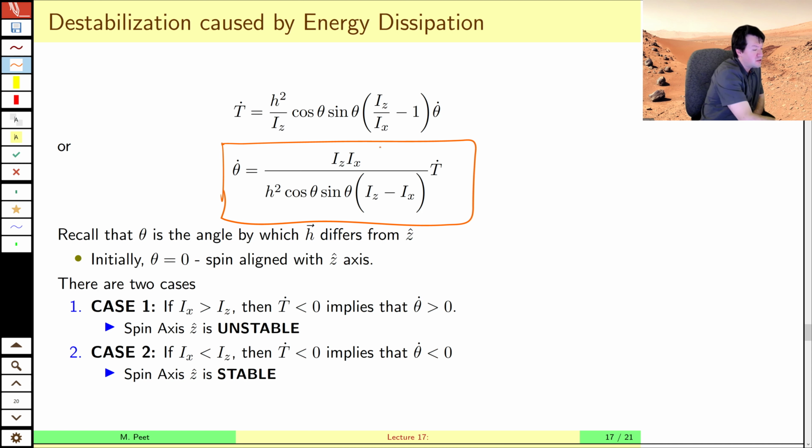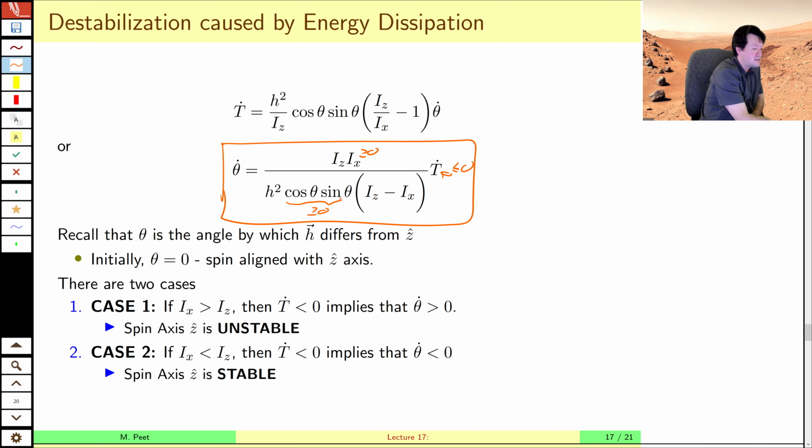And now we want to look at the sign of this term. So remember, this term is going to be negative. And we want to figure out what's the sign of this term. And so obviously, this bit is positive. This bit is going to be positive for all angles between 0 and pi over 2. So we're assuming that we're between 0 and 90 degrees. So that term is positive.